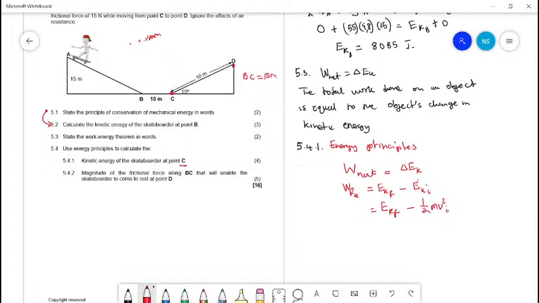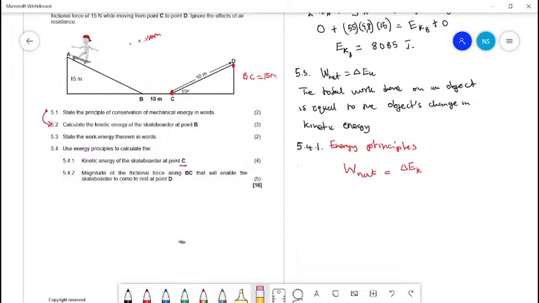Okay, so when we consider point CD, still looking at W net equals change in EK, we will realize that our W net will be given by the sum of the work that is done by the individual forces.